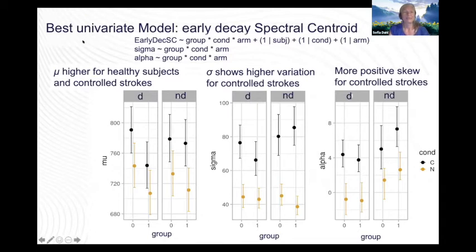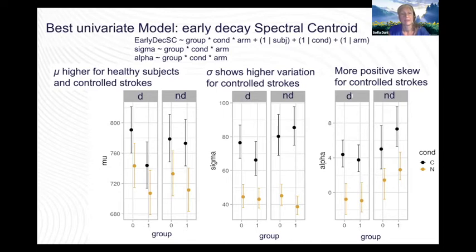So the best univariate model for the early decay phase and the spectral centroid, including both the group, whether it is a healthy player, as you see here in 0, or a patient in 1 here, the arm being the dominant or the non-dominant arm, and the condition being, again, in yellow, the normal strokes, or in black, the controlled strokes. And the estimate here is what we're most concerned with, because that tells us something of whether this could actually be useful for a later listening test.